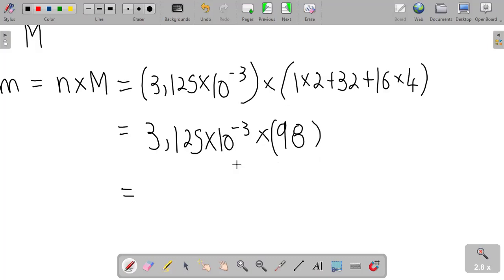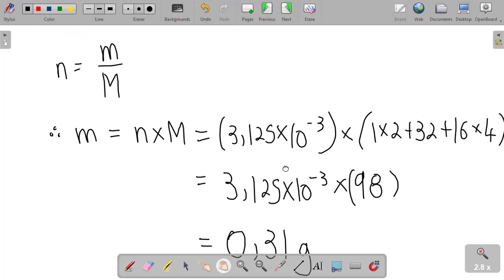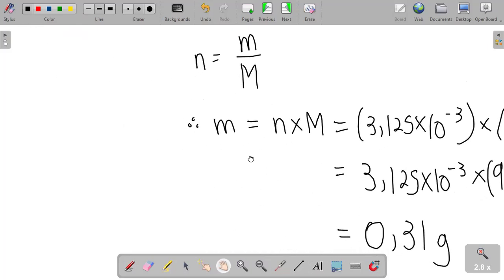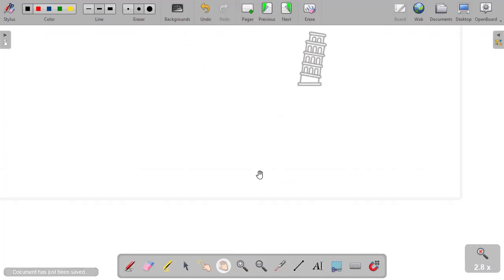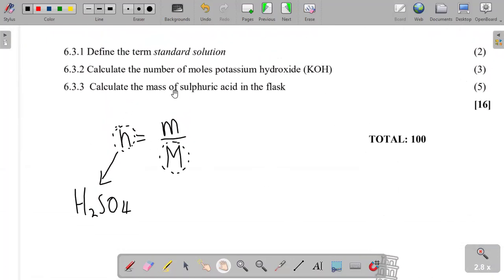So it gives me 0.31 grams. You can leave it in 2 decimal places because it's a final answer. Unless you are asked otherwise, you should always leave it in 2 decimal places. Okay? So now this answers the question because that's what they asked us to do here, isn't it? They said calculate the mass of sulfuric acid in the flask.